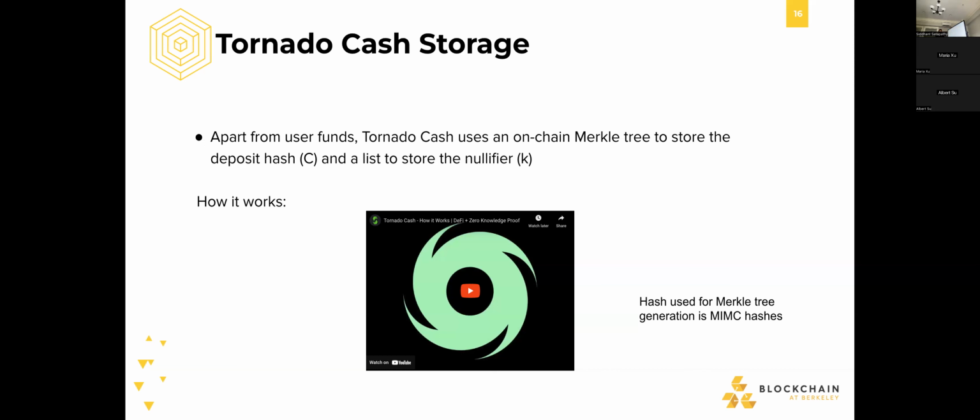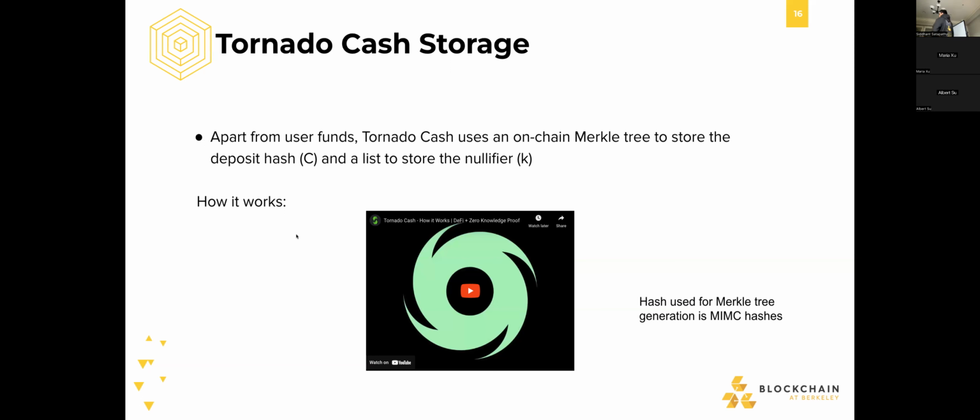So the hashes are stored as Merkle trees, and this allows you to quickly verify if a transaction is actually inside the tree, as well as storing it more efficiently. And it also has a large degree of tamper evidence. So that's how the deposit hashes are stored.